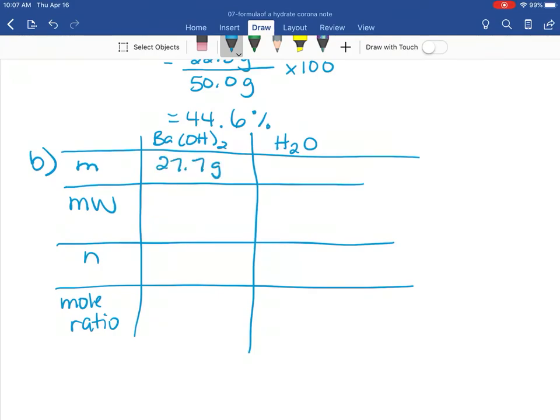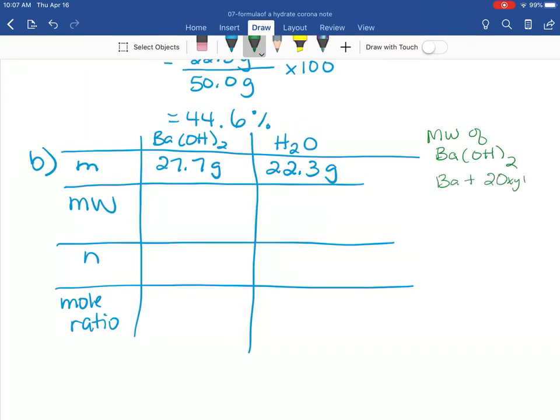So 27.7 grams of barium hydroxide are given in the question, and we just calculated 22.3 grams of water. So again, you decide if you need to show the molar mass work. That's completely fine, okay?